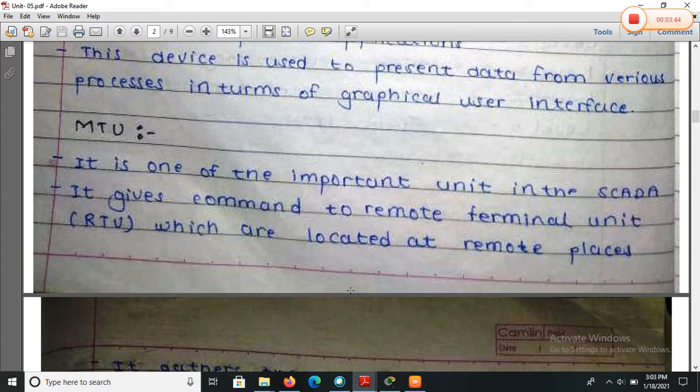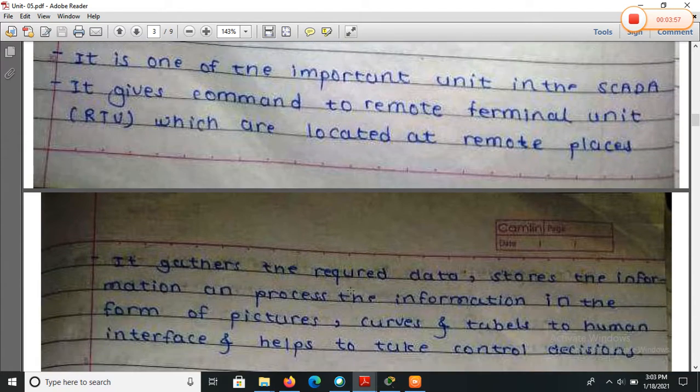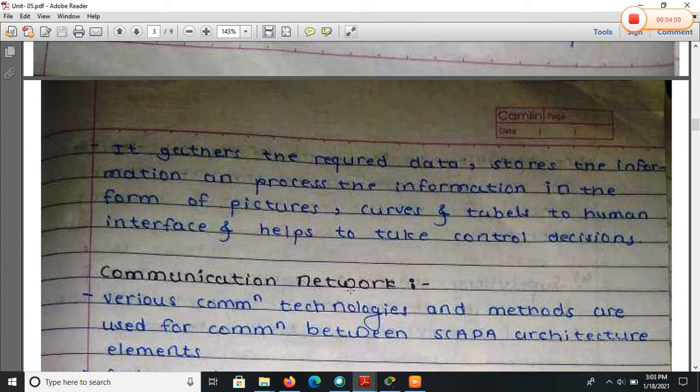Now MTU is one of the important units in the SCADA. It gives the command to the remote terminal unit, that is RTU, which are located at remote places. It gathers the required data, stores the information and processes the information in the form of pictures, curves and tables to the human interface and helps to take the control decisions.